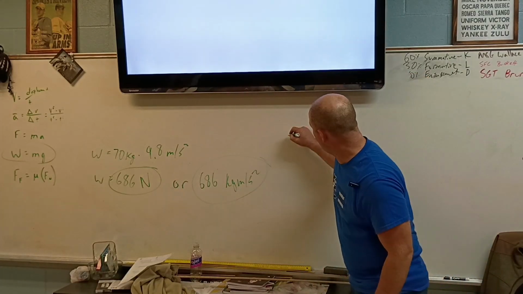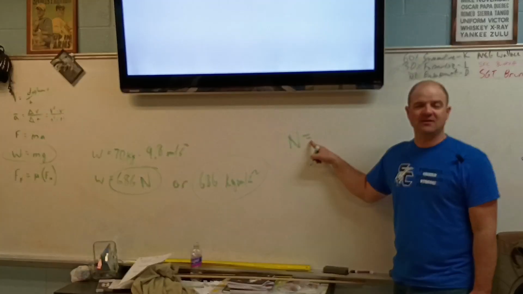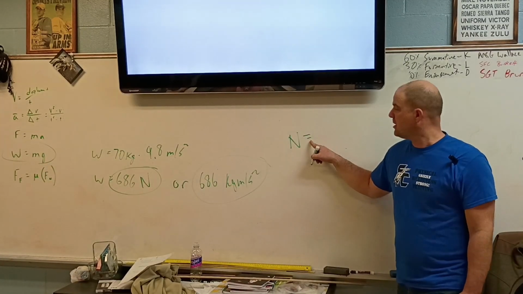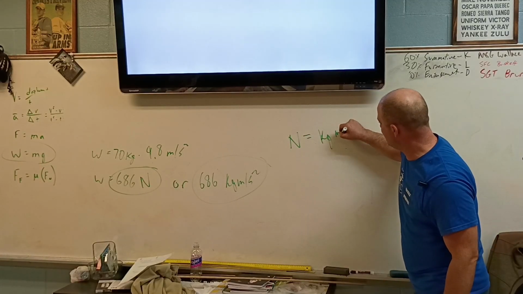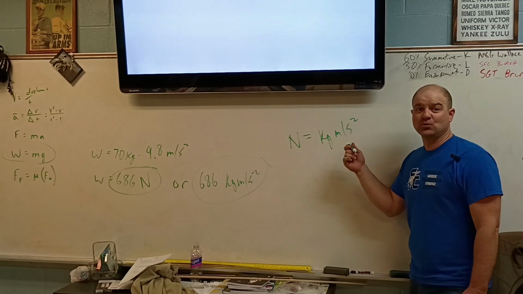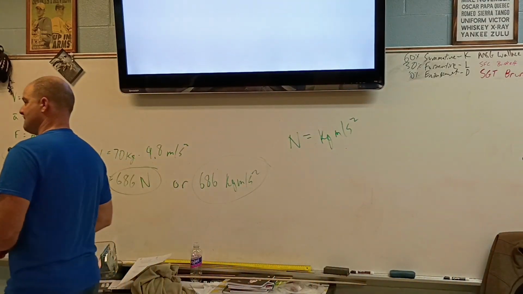Because a Newton, guys, an equal sign, you could also read it as is, can't you? A Newton is a kilogram meter per second squared. And sometimes you want to write it that way.